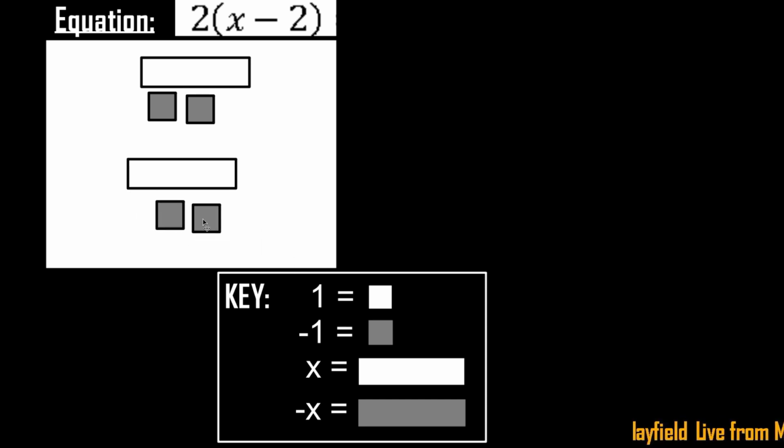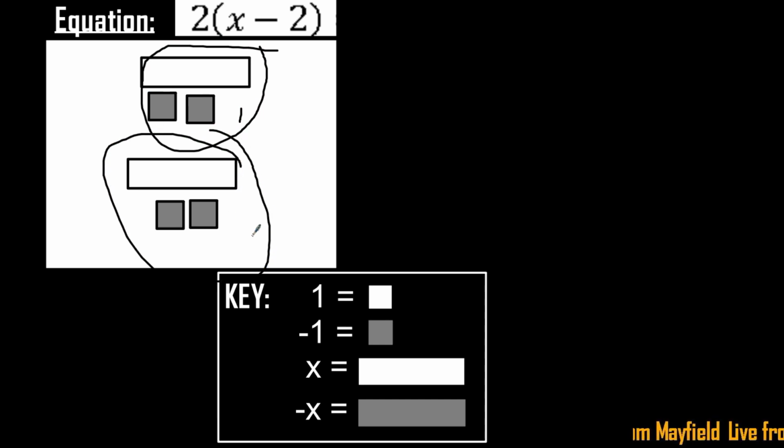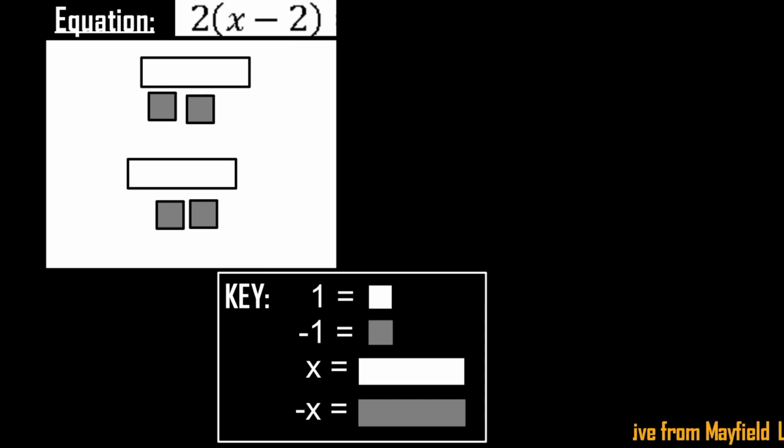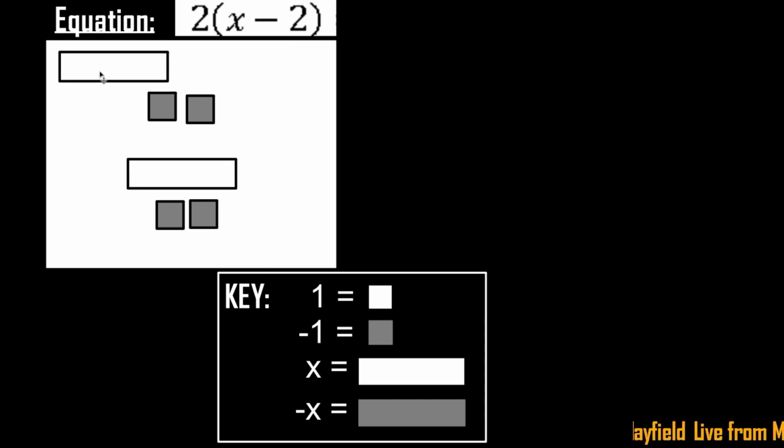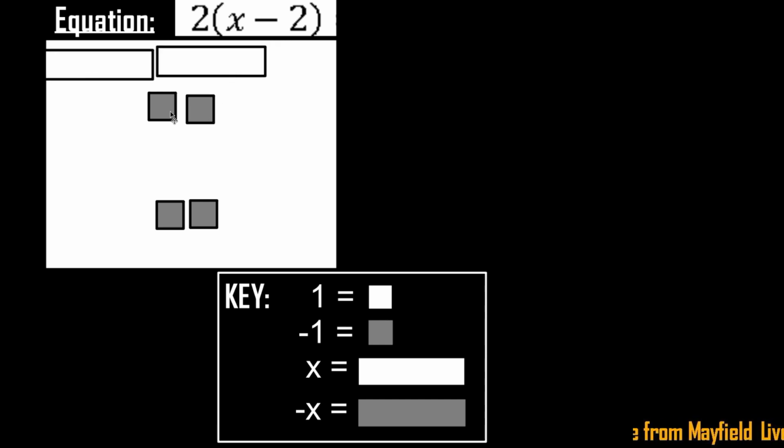Again, if you need to go back and see that distributive property notes, please do. But again, all we're saying is we have our first group, and then we have our second group. Alright, so on the left side I have what? I have 2x and then minus 4.